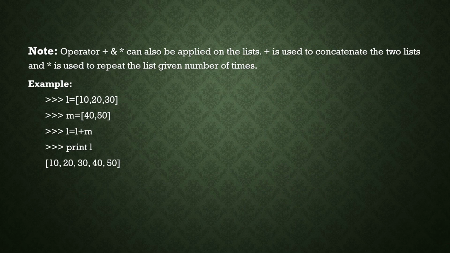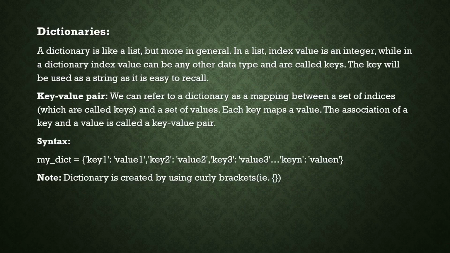Here the example is given: L = [10, 20, 30], M = [40, 50], L = L + M, so it will concatenate the two lists. The elements of list M, 40 and 50, will be concatenated to the end of list L, so 40 and 50 will be displayed after that.